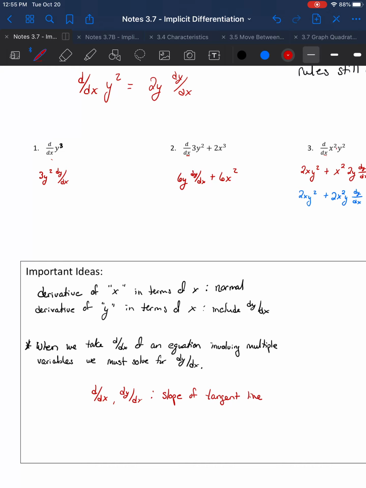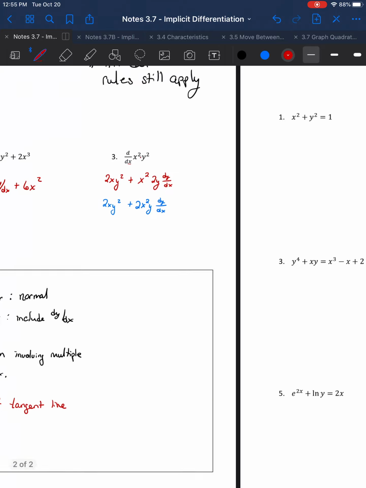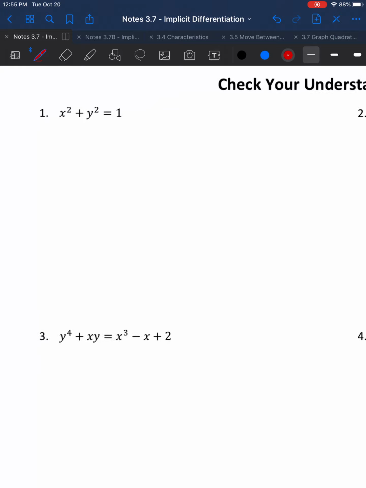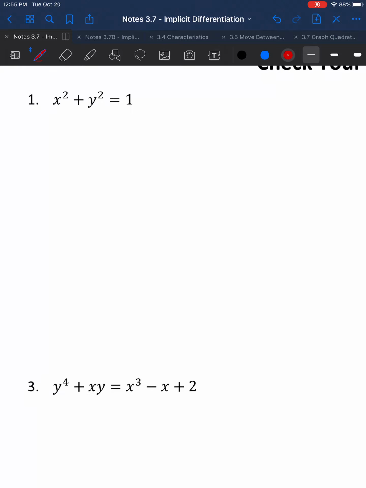And remember, the derivative in any form still finds the slope of the tangent line. So we are going to be writing a couple equations of tangent lines in this lesson again.